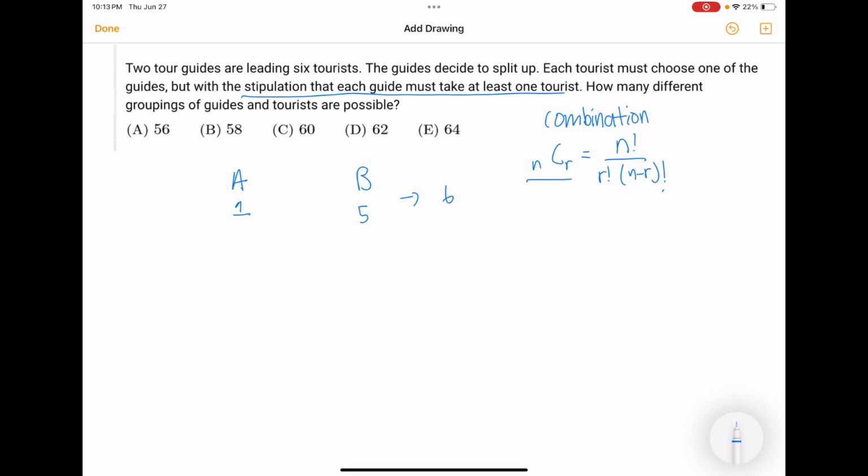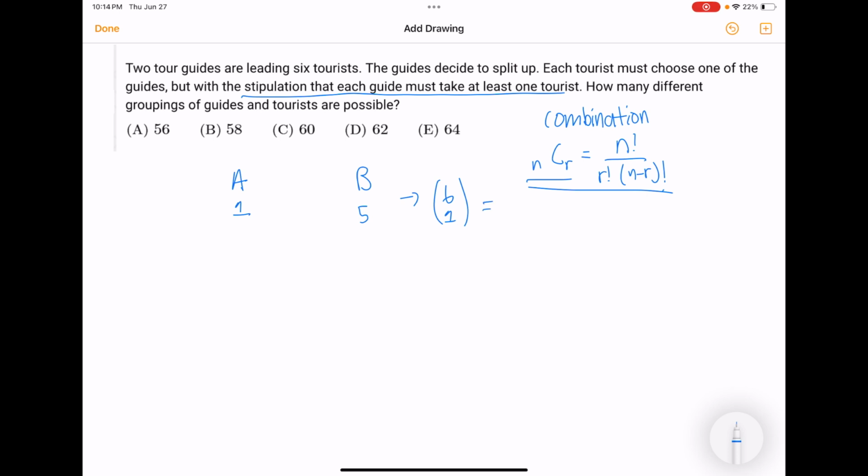And so in this case, 6 would be the total number of people, and in this question, it will always be 6 at the top, and this is how you're supposed to write it. And then at the bottom, it would be R, so the number of chosen objects. And so we can just solve this using this formula right here.